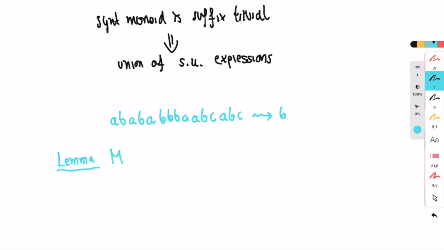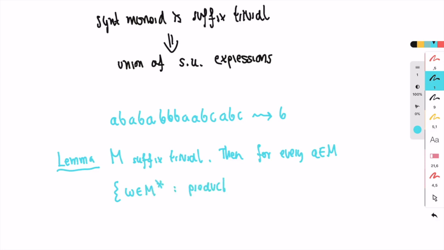We take a finite monoid, which is suffix trivial, then for every element of the monoid, the language of words that have product A is a finite union of suffix unambiguous expressions.